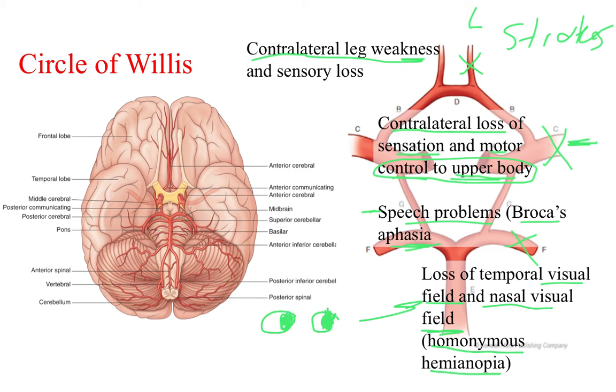So you'll be missing everything that is nasal on this side and temporal on this side. So what that creates is the side that's not affected, you'll be able to see things that are in this field, but not see things that are in this field. All right, so any vision issues then are going to be associated with the posterior cerebral artery.